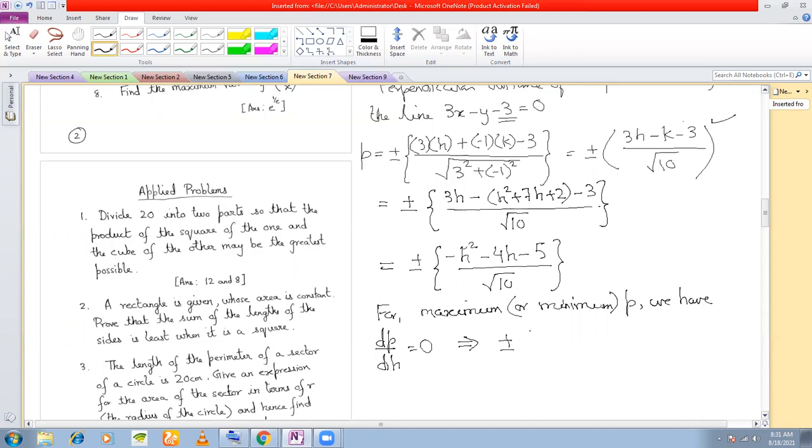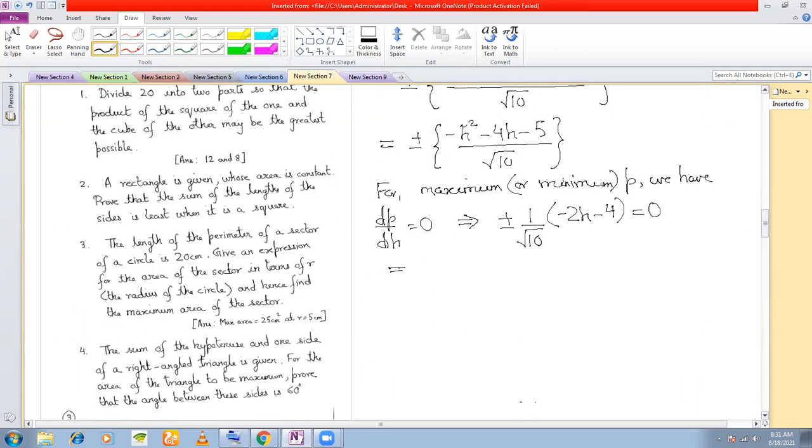Plus or minus 1 by root 10 times minus 2h minus 4 is equal to 0, right? That means minus 2h minus 4 must be equal to 0. That means minus 2h is equal to 4. That means h is equal to minus 2.